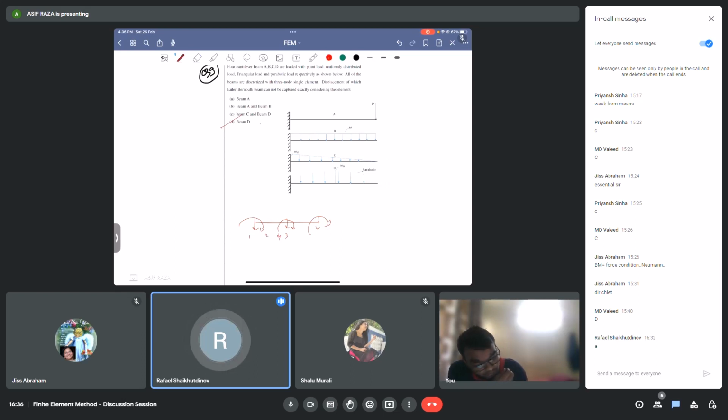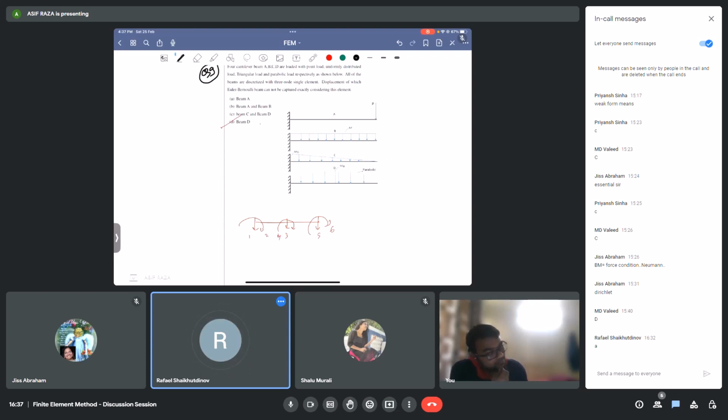If one needs elaboration, he or she should ask. Okay, so the question here is: can we solve this with this element? Will the approximation be exact? In the exact problem, if we consider the governing equation for the beam, it will be the fourth derivative of u equal to q, right?